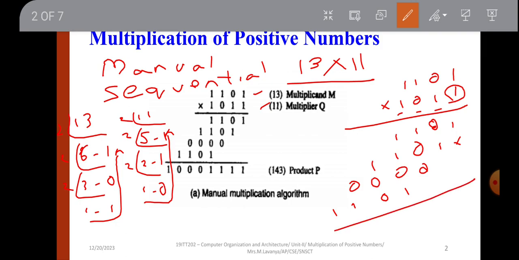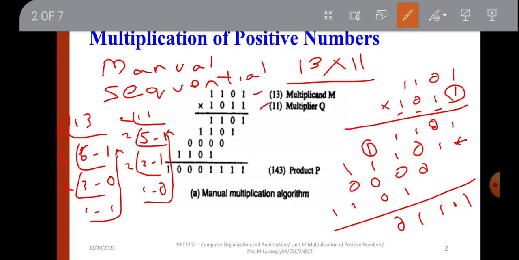We have to perform the addition. This is blank, so 1, and 0 plus 1 is 1, 1 plus 0 is 1, 1 plus 0 is again 1, then 1 plus 1 is 10, and 10 plus 0 is 10, 10 plus 1 is 11. So we are placing it here. This is a carry. 1 plus 1 is 10, so we are placing 0 and 1 is carried here.